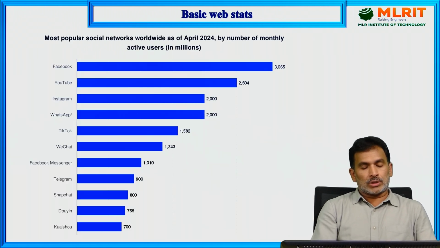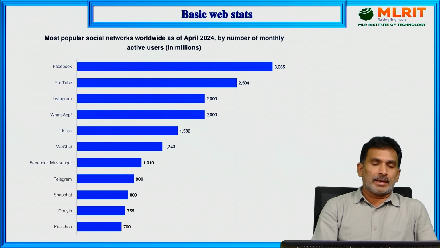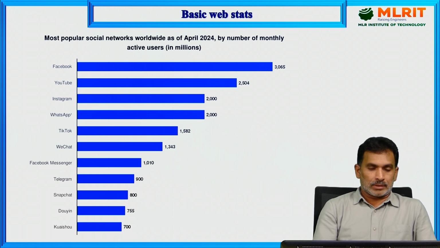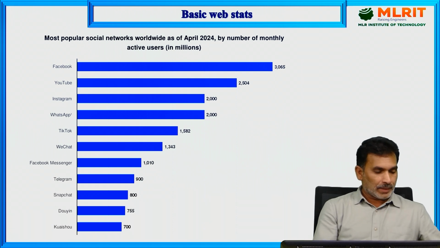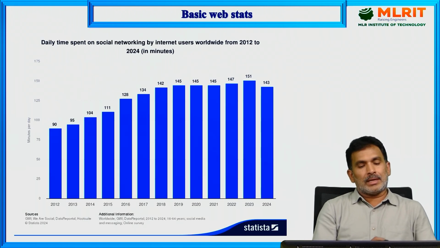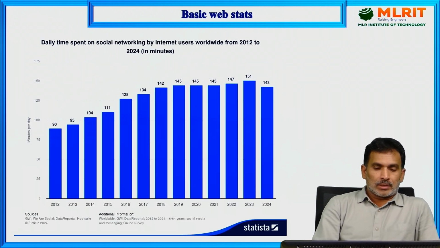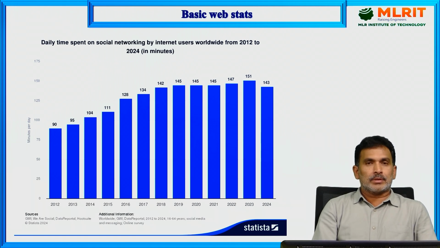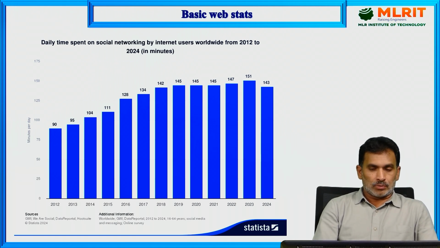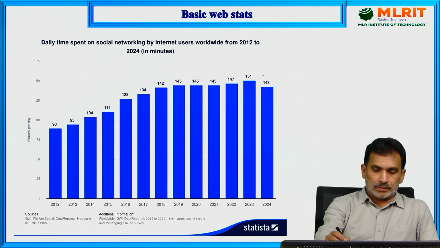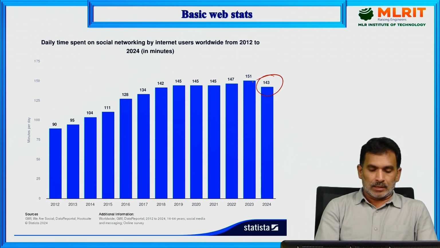And next, the most popular social networks worldwide as of April 2024 by the number of monthly active users in millions. So Facebook is on the top, then YouTube, then Instagram, WhatsApp, etc. Next, daily time spent on social networking by internet users worldwide from 2012 to 2024, in terms of minutes, it's around 143 minutes.